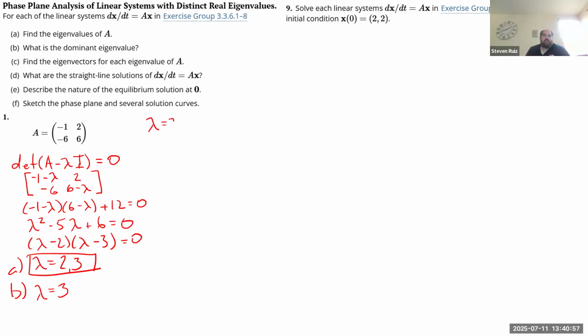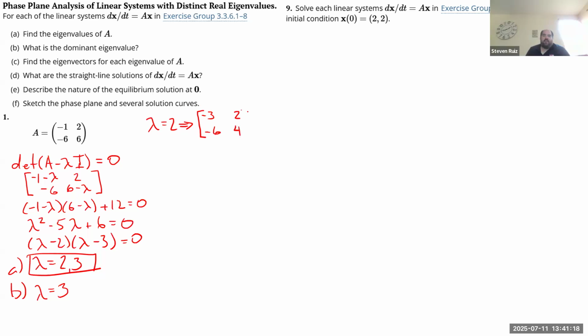When lambda equals 2, I'm going to construct the matrix A minus 2I. That matrix becomes -1 minus 2, which is -3, 2, -6, and then 6 minus 2, which is 4.